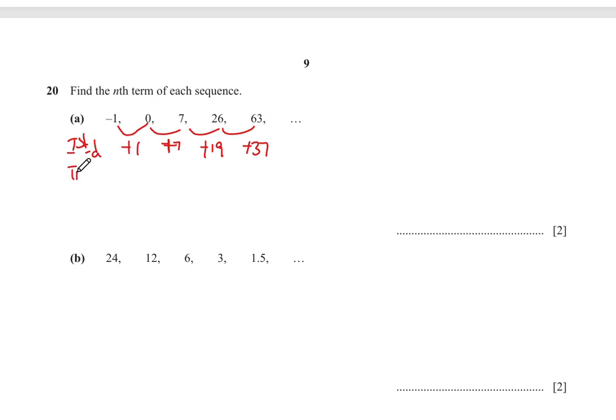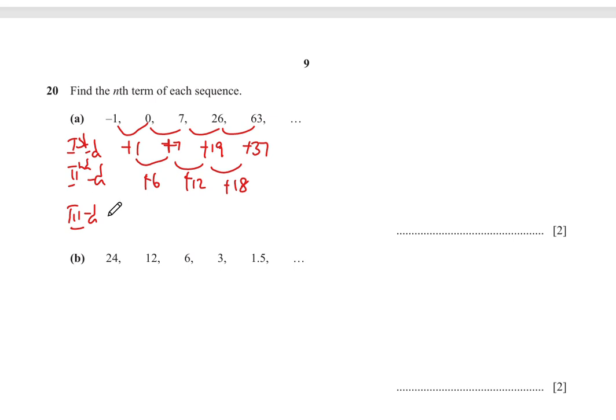So you can go for the second difference. Second difference: 7 minus 1 is plus 6, 19 minus 7 gives plus 12, and 37 minus 19 gives plus 18. This second difference also is not the same. So you can go for the third difference.